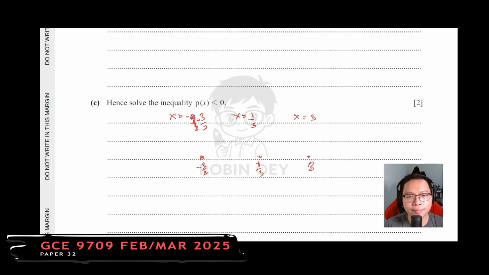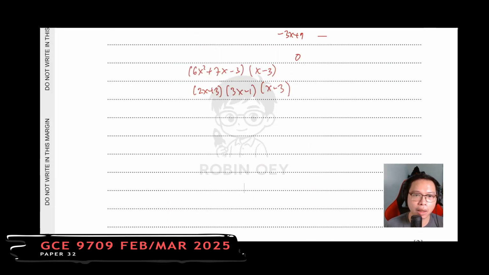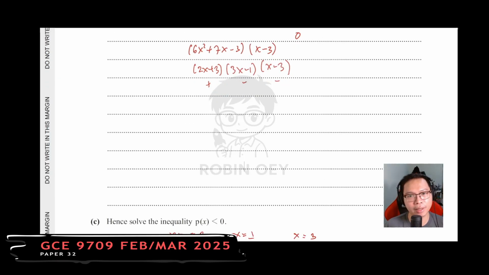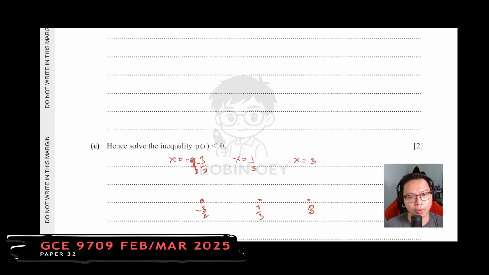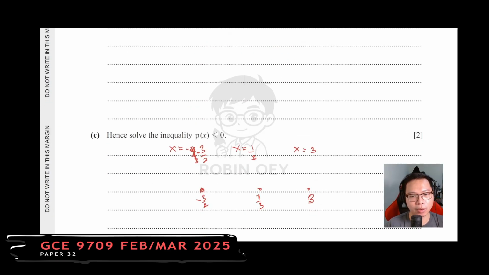Okay, let's check. For 0, if we input 0 here, we have positive, negative, negative. So positive times negative times negative, we get positive. So 0 would be here. And then here negative, positive, negative.